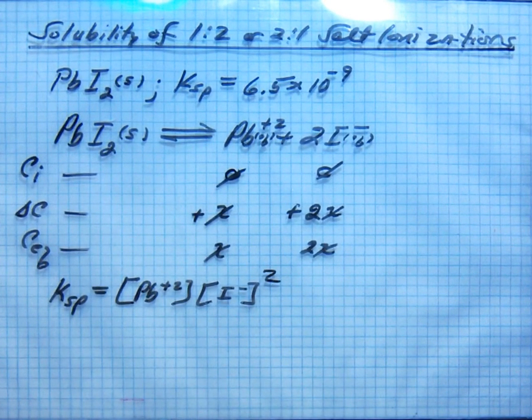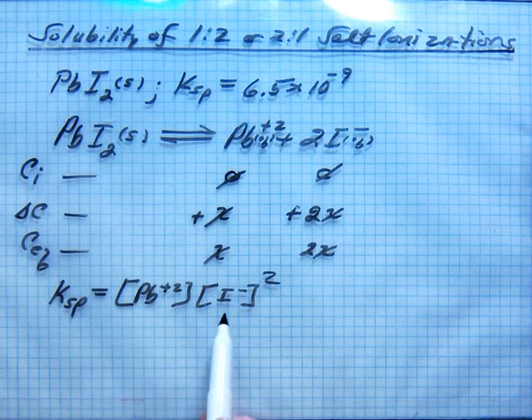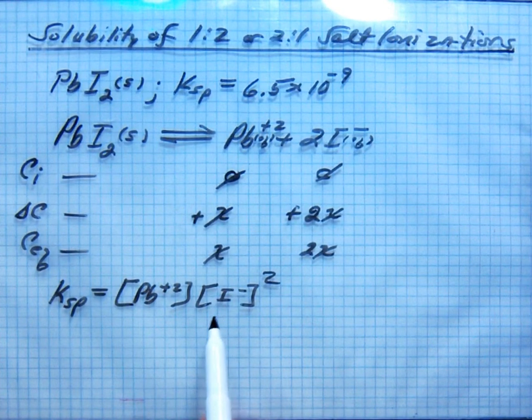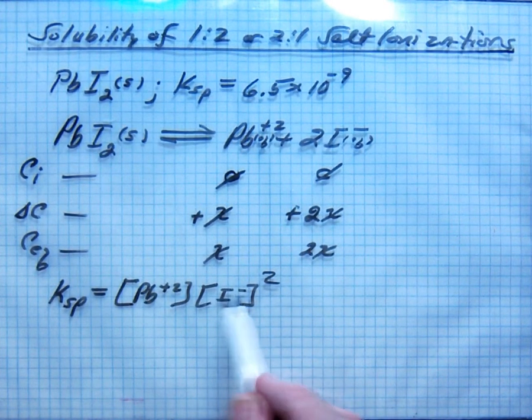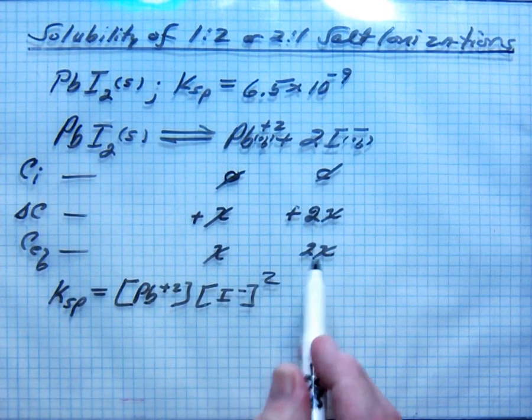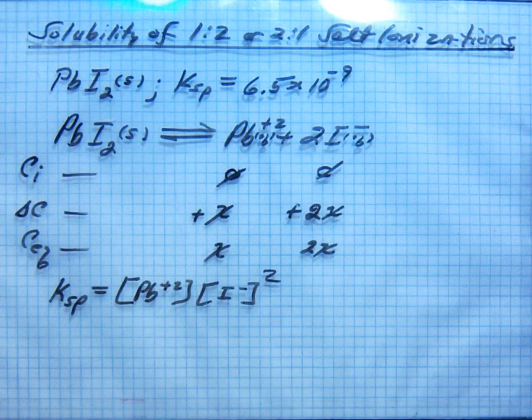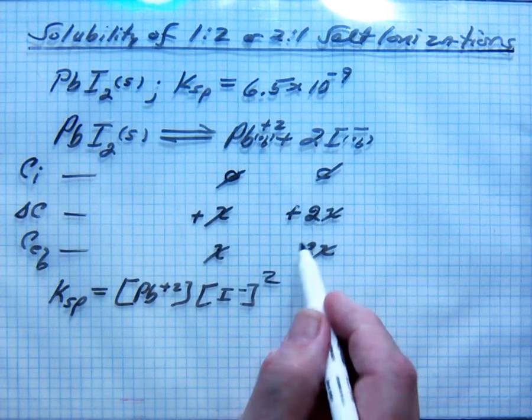That's what makes the difference in solubility expressions and calculations between 1-to-1, 1-to-2, 1-to-3, and so forth, is that some of them are in powers. And the second thing is, this is a concentration of iodide. What is the concentration of iodide that I would put there? It's 2x, not 2 iodides in here. It's 2x. Everybody got it?